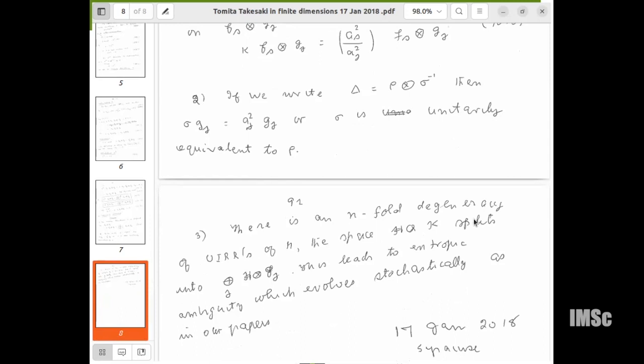If I write this delta as something acting on the left times some other operator acting on the right with an inverse, because you get the denominator here, you see that rho and sigma are unitarily equivalent. If you think of rho as some density matrix acting on the left, then sigma is a unitarily equivalent density operator acting on the right.